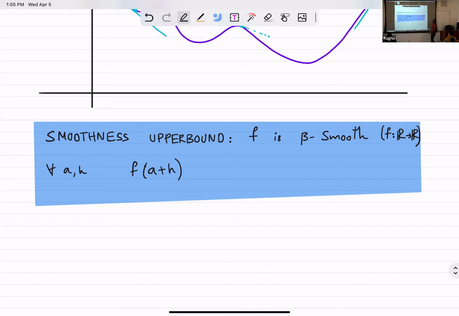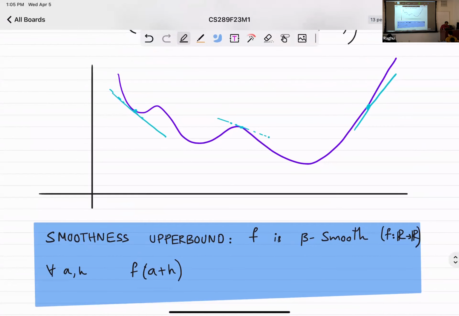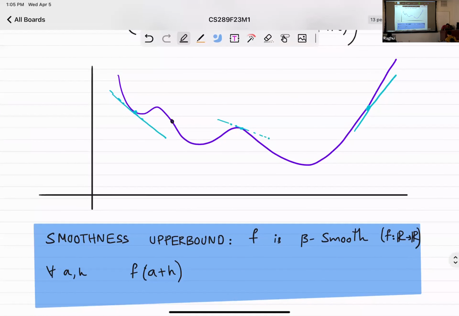If I consider a point, let's say A here, and look at the function value at A plus h.